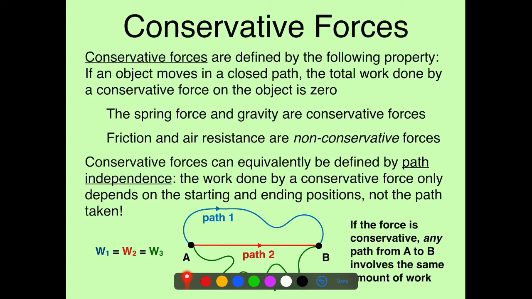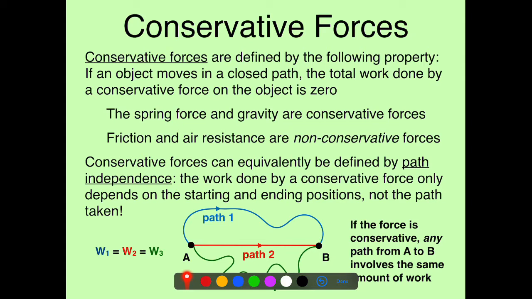Okay, so which examples did we see that were conservative forces? Well, the spring force is one because, of course, we saw that for an object that moves in a closed path, the work done by the spring force is going to be zero. And the same holds true for gravity. If an object moves in a closed path while gravity acts on it, the total work done by gravity is going to be zero.